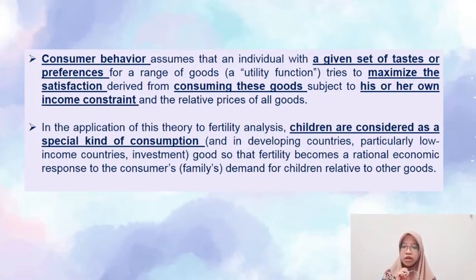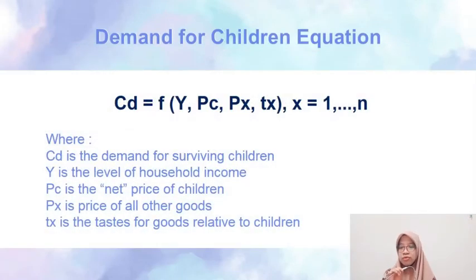In the application of this theory to fertility analysis, children are considered as a special kind of consumption good, so fertility becomes a rational economic response to a consumer's or a family's demand for children relative to other goods.